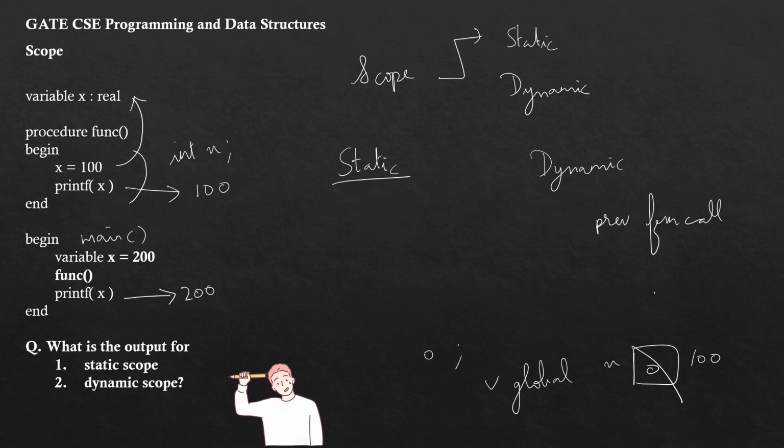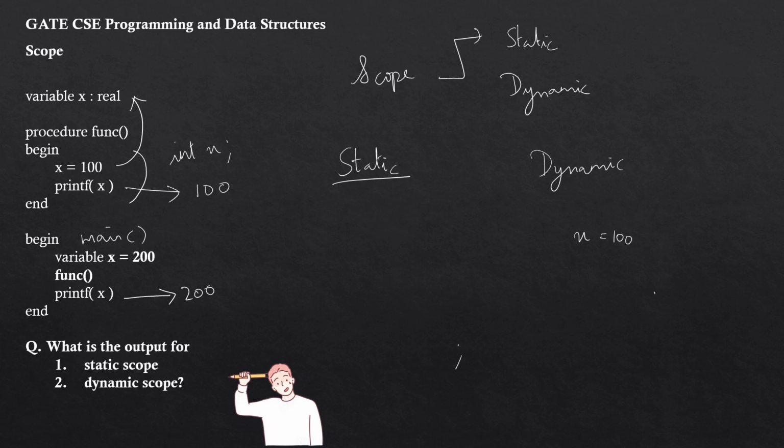But when you have dynamic scope, when we call the function, x is equal to 100, it doesn't refer to the global. It refers to the previous function call where we had a local variable x. So now it changes that to 100.